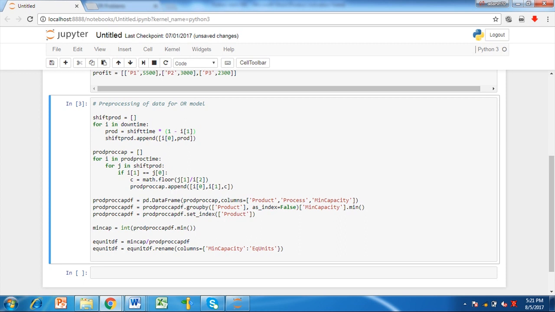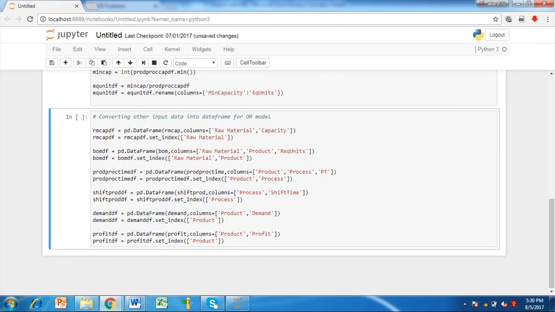After this, in the preprocessing data frame, we find the minimum capacity of each product by comparing capacities in the three processes. Next, the equivalent minimum capacity min-cap parameter is the minimum among all the products' capacity. Finally, the equivalent data frame is defined by dividing the minimum capacity by individual product capacities in the preprocessing data frame.